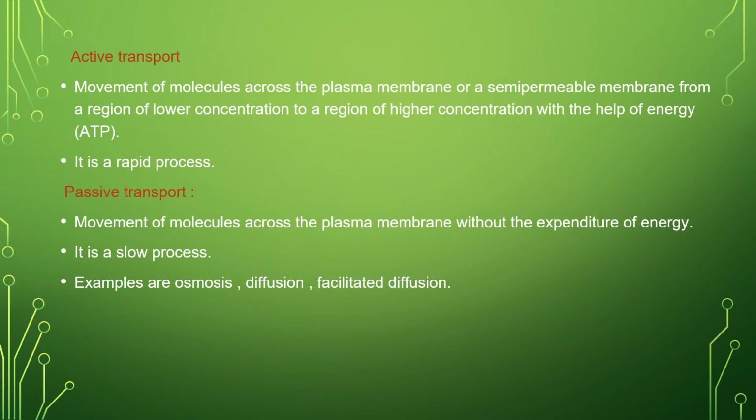That means sometimes transportation needs some energy, and sometimes it occurs without any help of energy. The plasma membrane has small pores through which the molecules can pass. Now, what is active transport and what is passive transport?